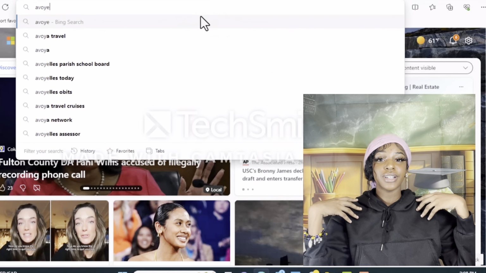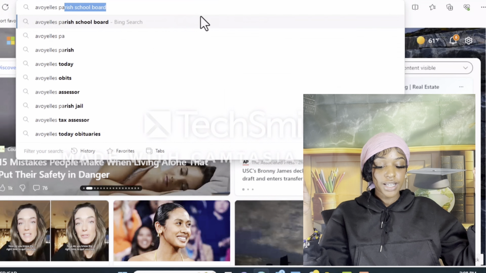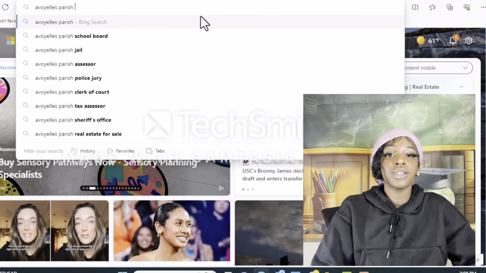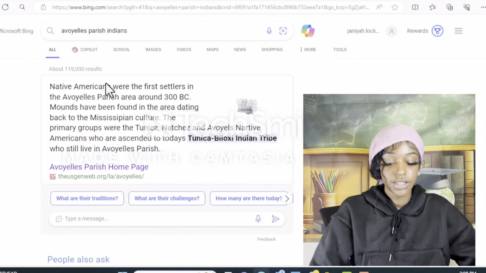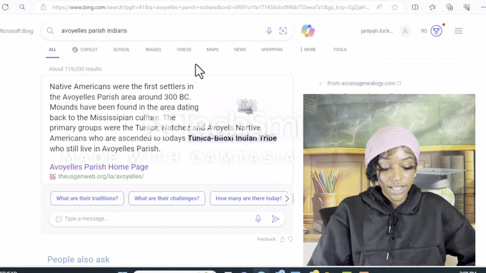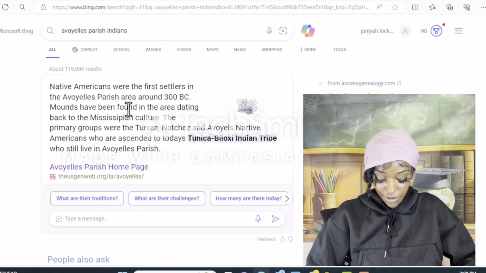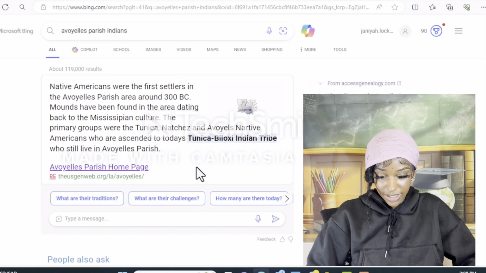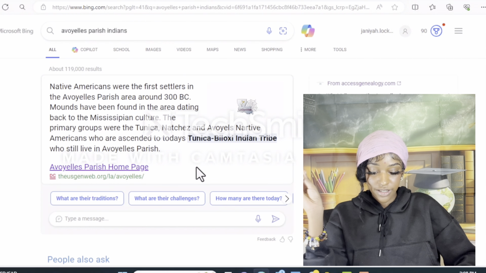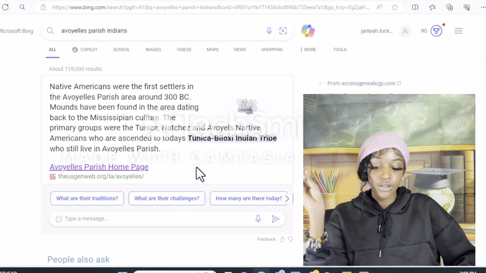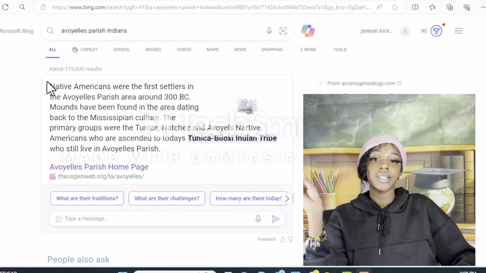How I went about learning about the Native American side, there were a few names that popped out to me with the geographical area that my family was living in. So they were in Avoyelles Parish. This is what I started looking up first. I started looking up who was living in Avoyelles Parish at the time that my ancestors were there.